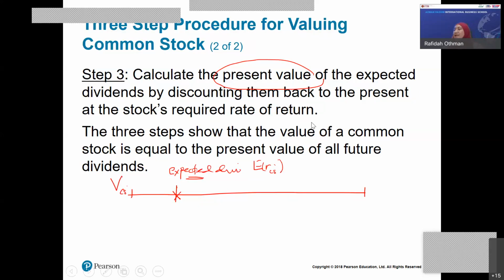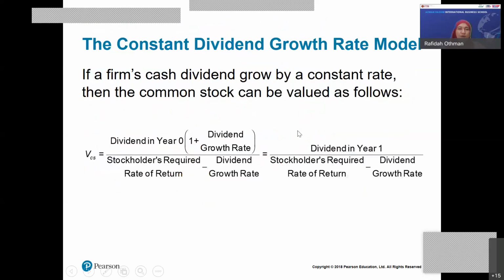Okay, so let's see the formula. The value for common stock equals D0 times 1 plus g, where g is the growth, divided by R common stock minus g.